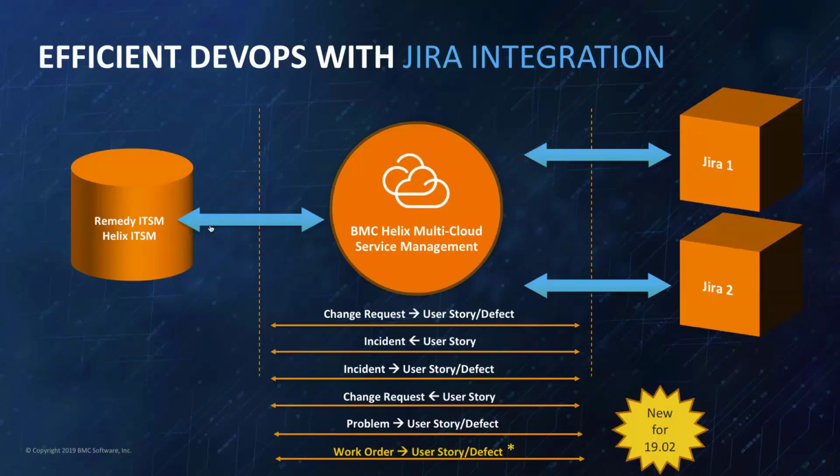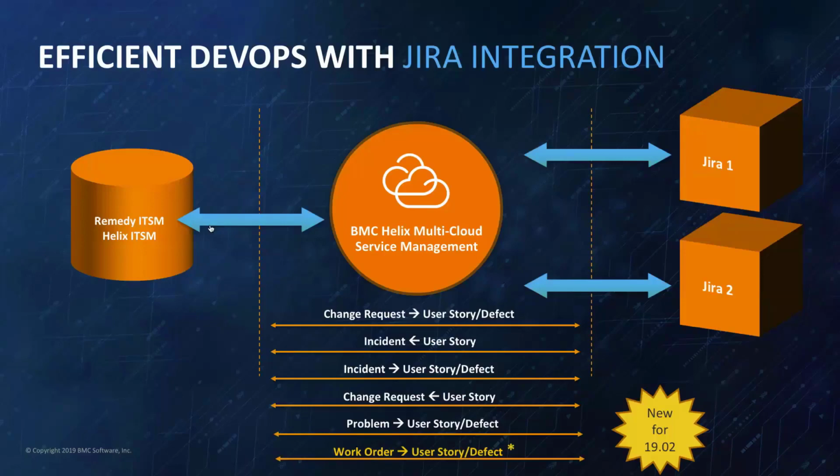In Jira, whether it's a bug or a defect or a user story that represents an enhancement, it's very powerful and flexible how you map corresponding tickets on the Remedy side over into the Jira world. And all of that is fully automated based on certain rules that you define without any coding. It's a low code, no code integration approach.